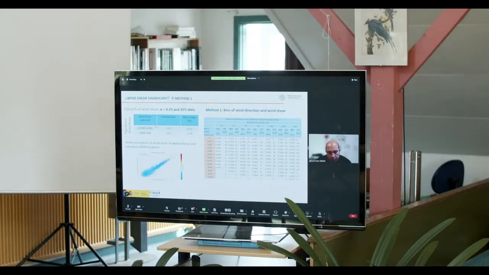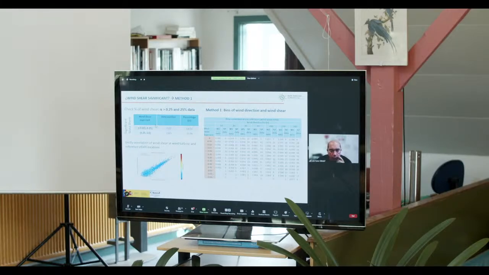We have measured how much data has a wind shear coefficient of more than 0.25, and it's more or less around 36% of the data, and for this reason we have used this method.